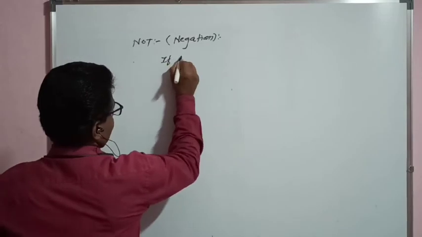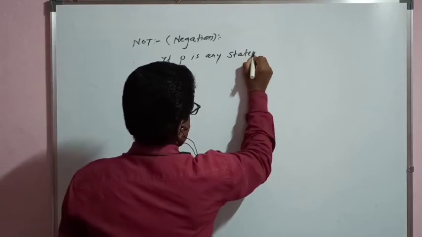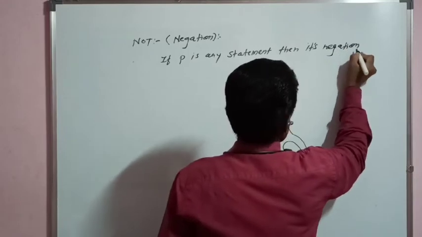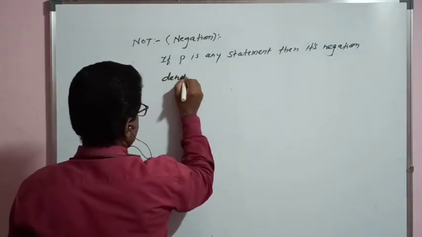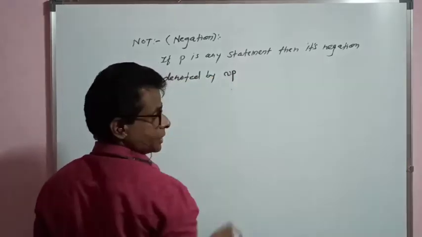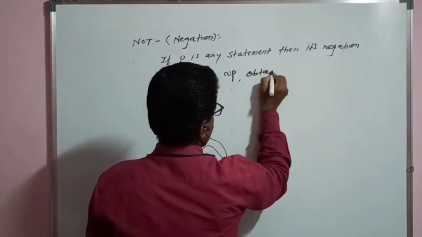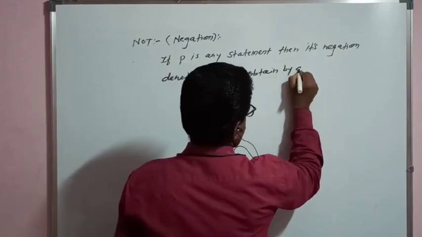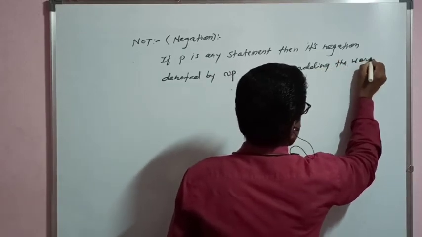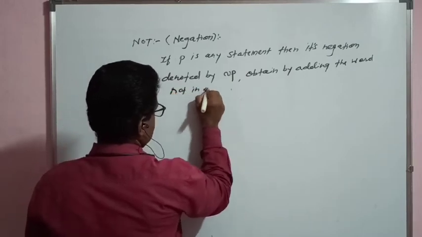If P is any statement, then its negation, denoted by negation of P, is obtained by adding the word not in a proper place.